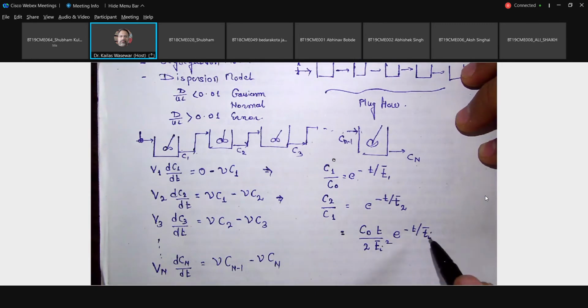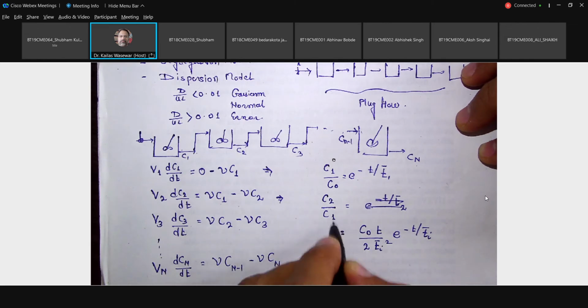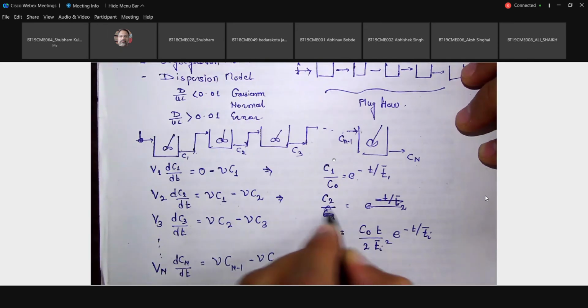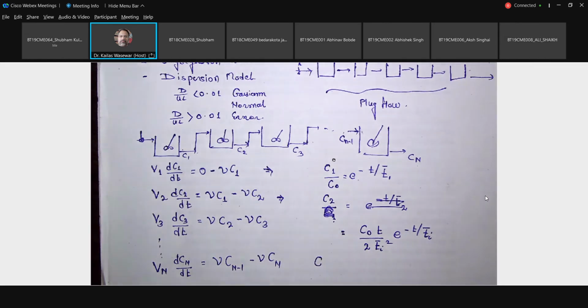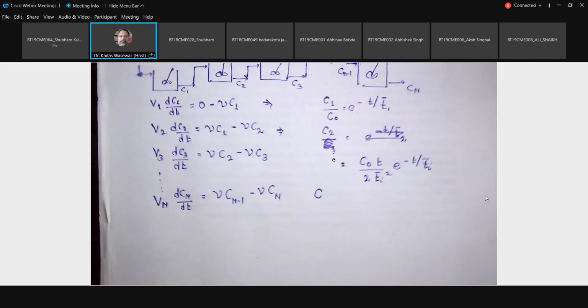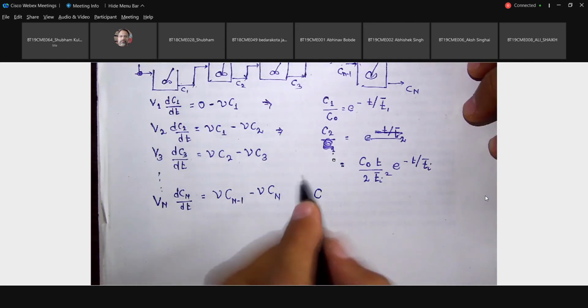So this you will get in terms of, sorry, it will be simply C2. Yes, it will be like this. So similarly you can write it for Cn.